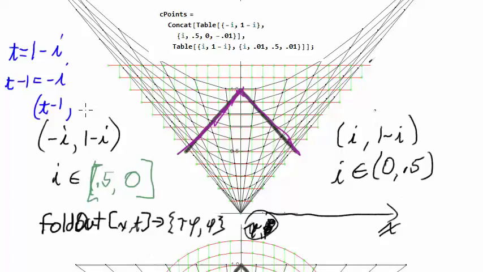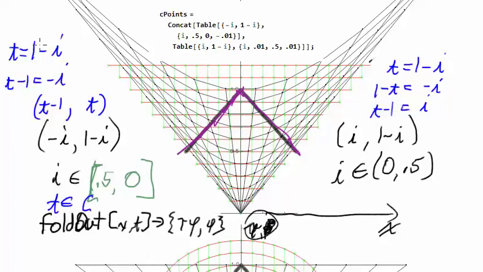And this one, t equals 1 minus I. So what is I? 1 minus t equals negative I. So t minus 1 equals I. Here, t goes from 1 minus 0.5 is 0.5, and 1 minus 0 is 1.